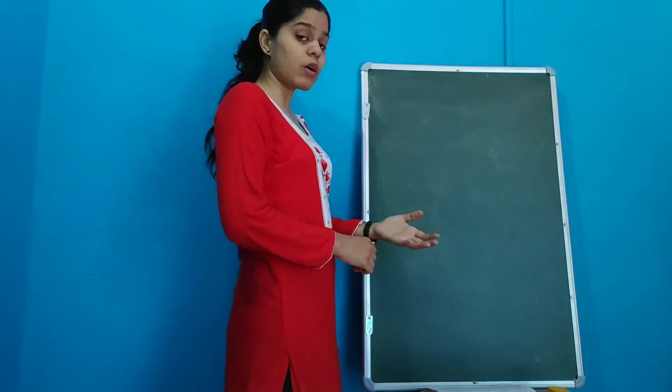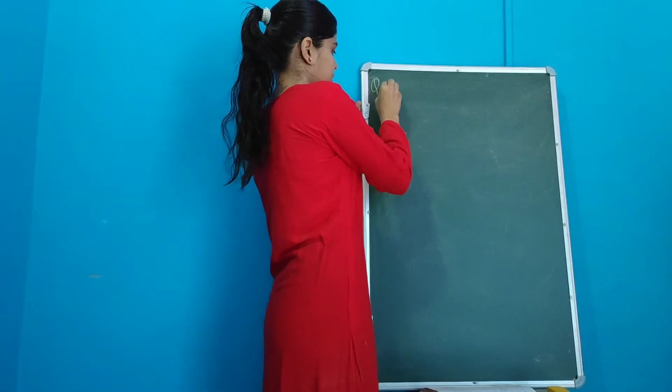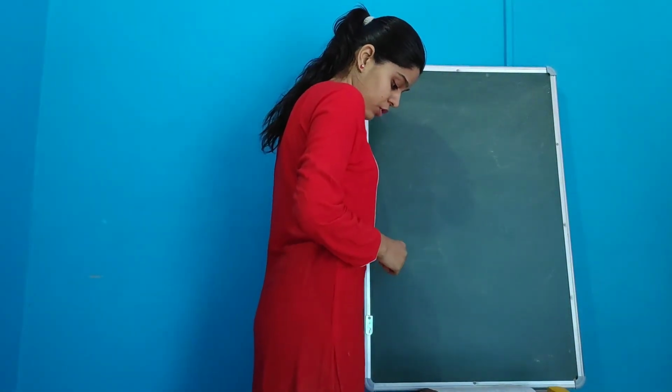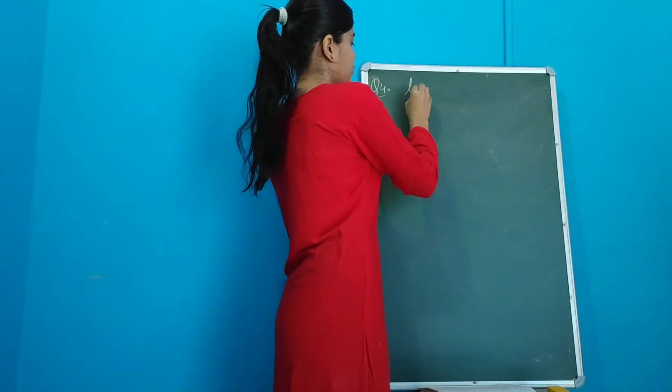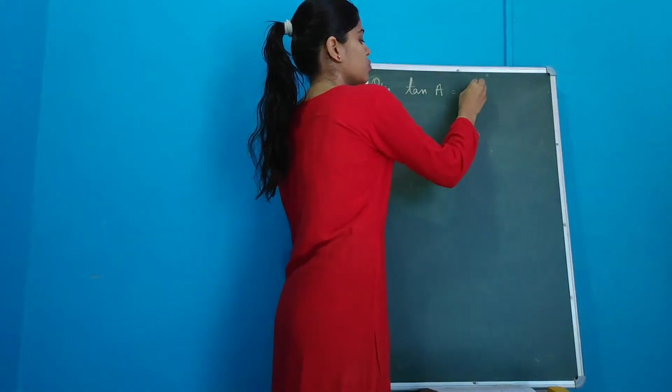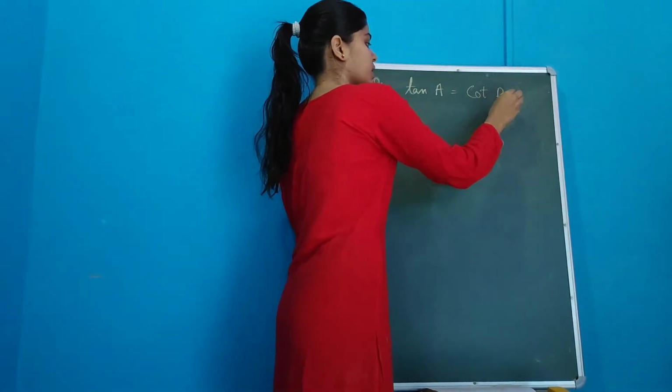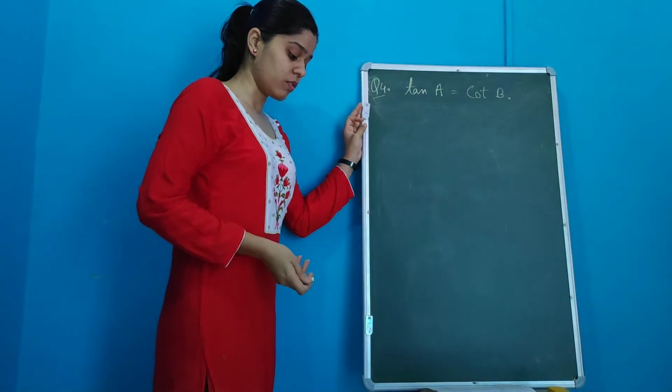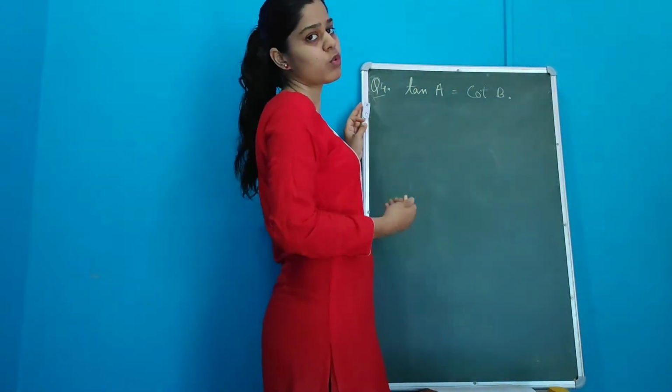Okay, now coming to the question number 4, what is given here is tangent a equals to cot of b, and we have to prove that a plus b equals to 90 degrees.